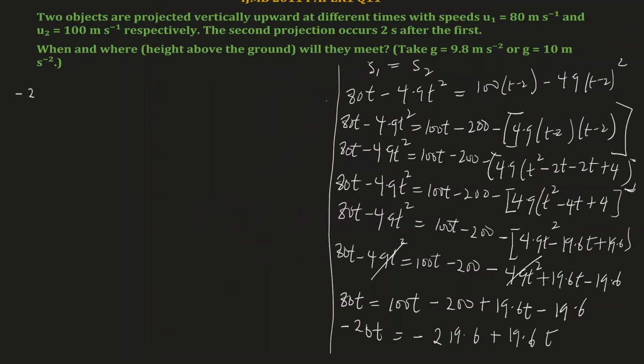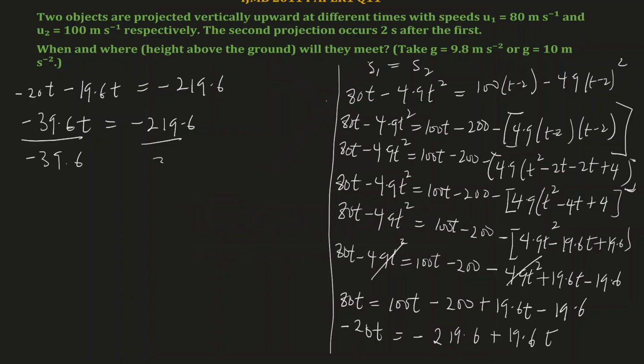So we have negative 20t minus 19.6t equals negative 219.6. So this gives negative 39.6t equals negative 219.6. Divide both sides by negative 39.6. Negative cancels negative. t will be 219.6 over 39.6, which gives 5.55 seconds. So they are going to meet after 5.5 seconds.